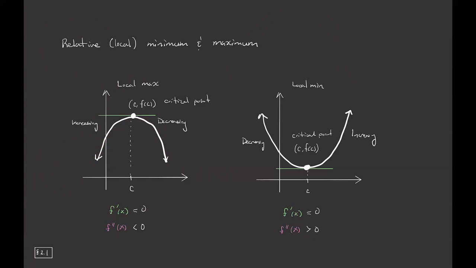This is like a little valley. And it doesn't mean you can't reach lower values. It could be that this function, if we kept drawing it, maybe it'll look something like this. So it's possible to go lower. What it's just saying is in this little neighborhood, it's the lowest you can go.